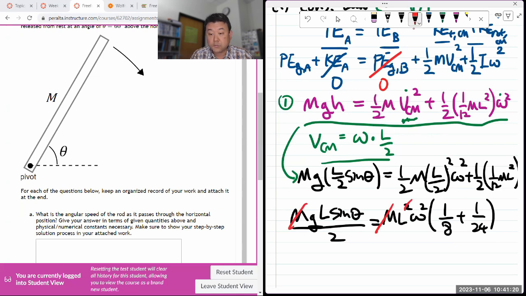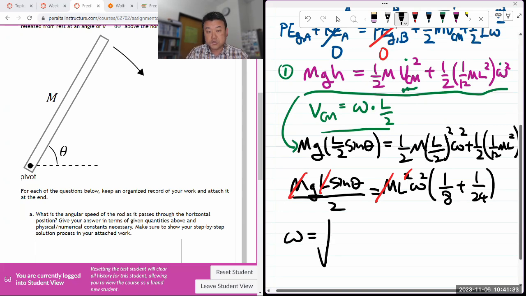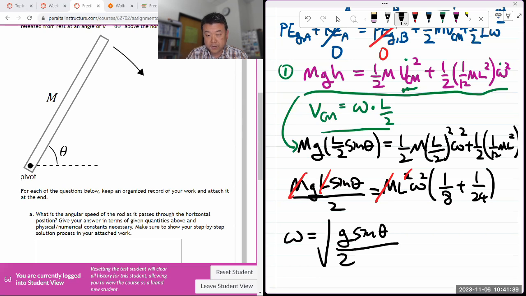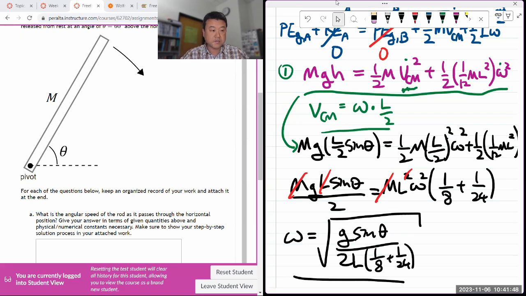Mass cancels out, one factor of L cancels out, and I can solve for omega. In the interest of time, I'll leave fractions as they are. That's perfectly allowed. So doing the rest of the calculation in my head, omega is the square root of g sine theta over 2L, don't forget that, times 1 over 8 plus 1 over 24, square rooted. So that's my answer for A.